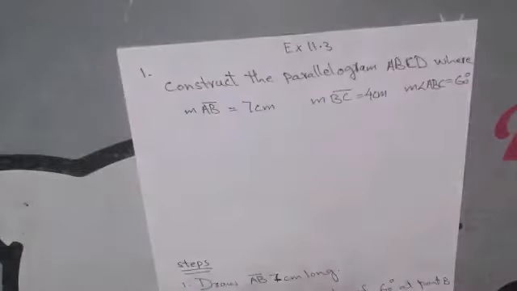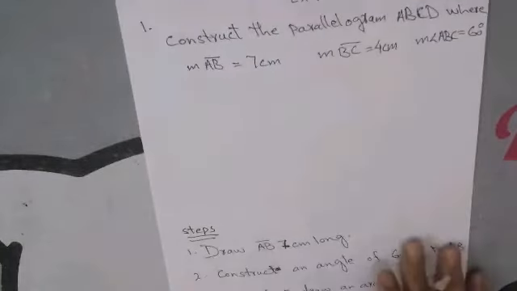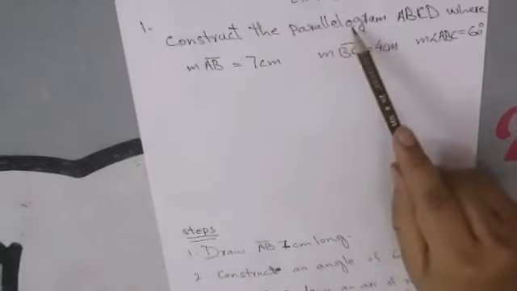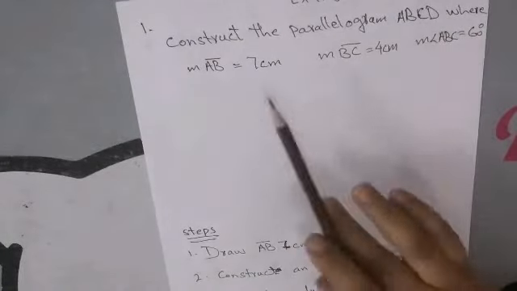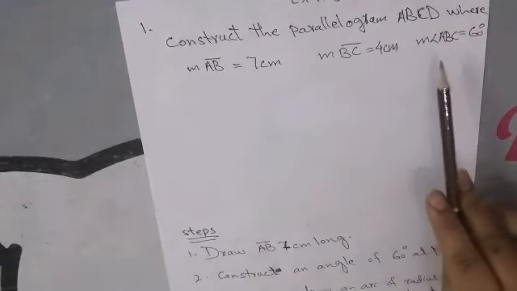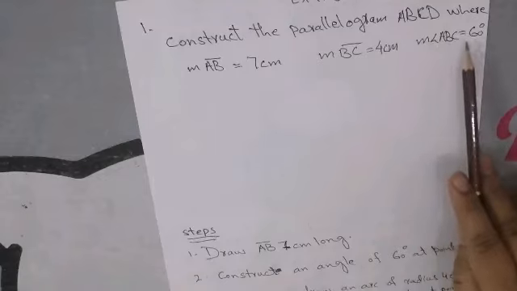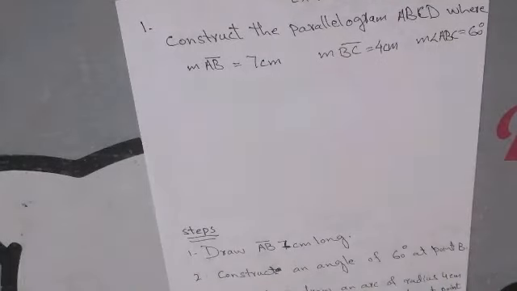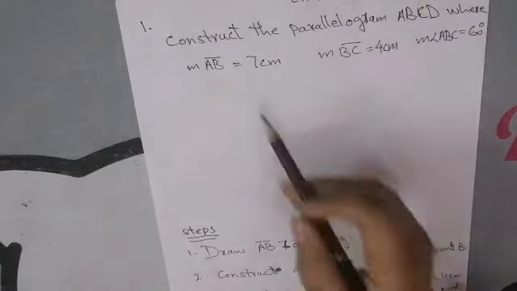Exercise 11.3, first question: construct the parallelogram ABCD where AB is 7 cm, BC is 4 cm and measure of angle ABC is 60 degrees. Means that the angle you have to draw at point B. So what will you do? You are given AB 7 cm.